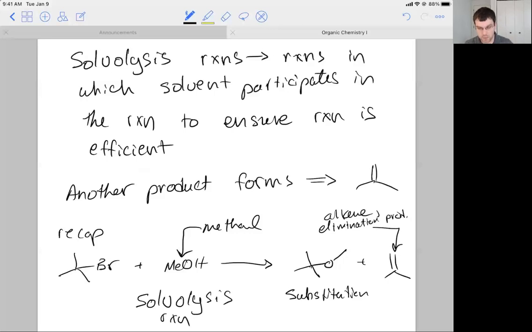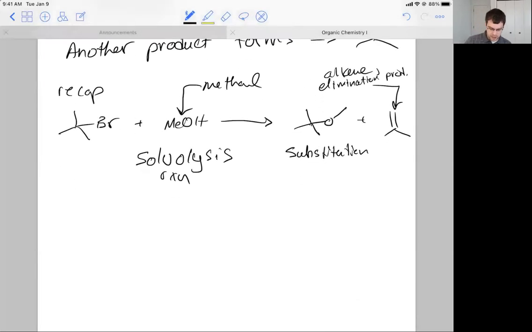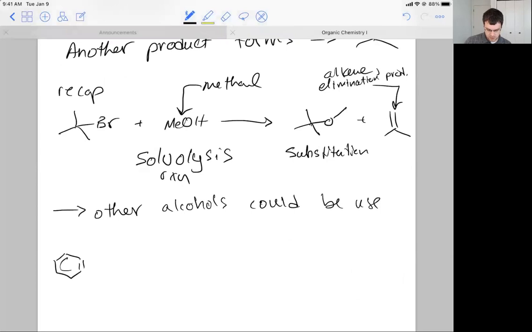Now what we could do before we break is just look at one more example of this. Other alcohols could be used in solvolysis reactions, but not many. We could even change up the haloalkane. Now, don't worry if you can't predict the products.